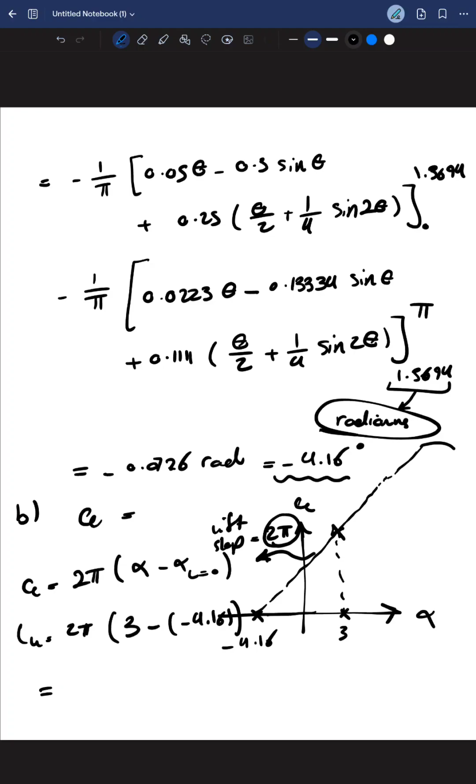And there's one thing you also have to be mindful of: 2 pi is in radians, these are in degrees, so you have to convert these together. How do we convert these together? We can divide 2 pi by 57.3 or multiply the angles by 57.3. Okay. Plug these numbers in. CL is going to be 0.7832.